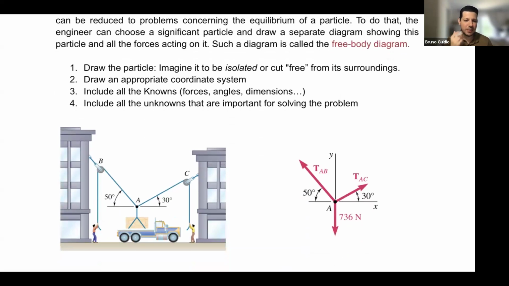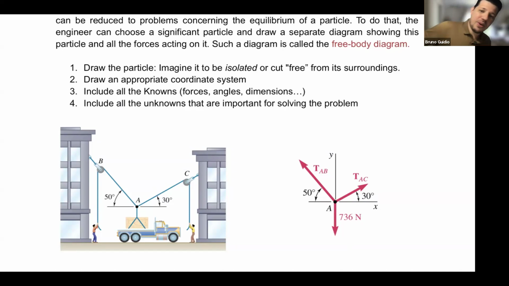So for example, let me show you this example here. We have 2 guys trying to lift this box. Before starting to lift it, if you're not applying enough strength, that body would be in equilibrium, meaning we have to put some force on the right and left to support that box without lifting, just to stay in the same position.